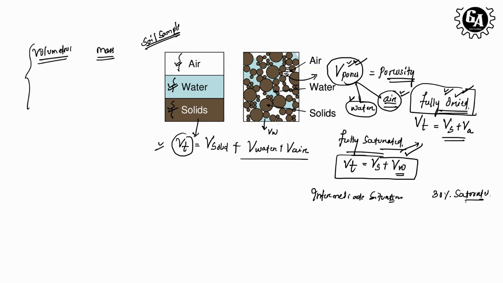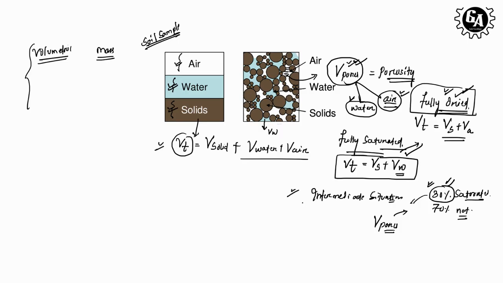If it is 30% saturated, that means 70% is unsaturated. And this 30% saturated by water means the volume of pores that will be filled by your water will indicate the degree of your saturation.